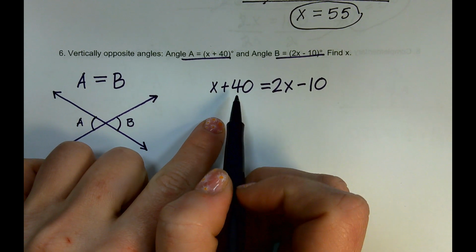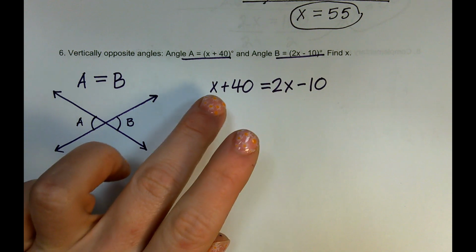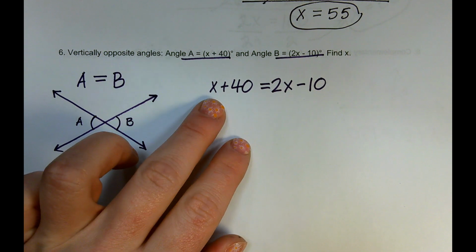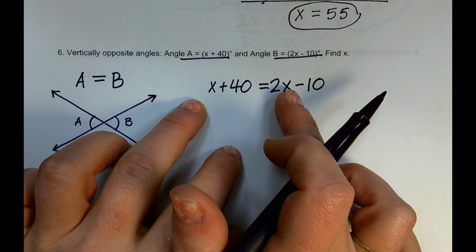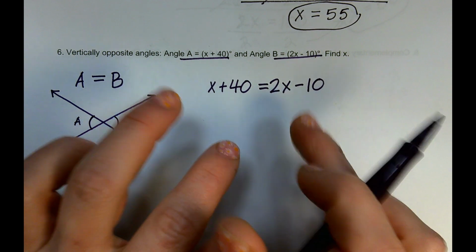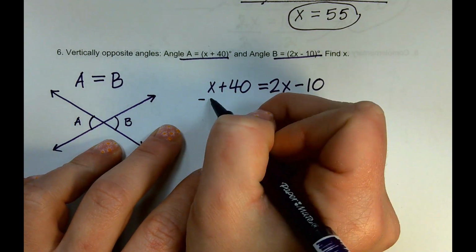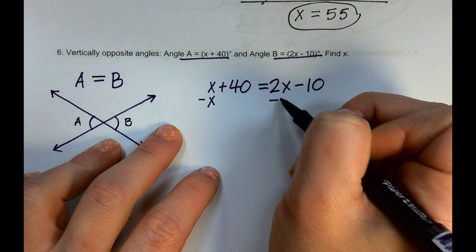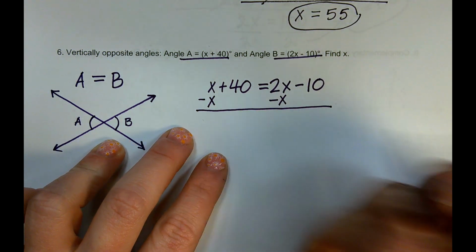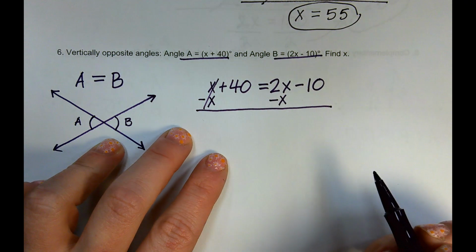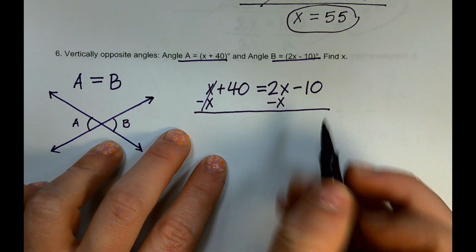I'm always going to suggest that you subtract the smaller one, because it's going to give us a positive x, and then we won't have to divide by a negative at the end. So I'm going to subtract x from both sides to save us time in the end. But if you subtract 2x, it will still work. You'll just have one extra step to do.